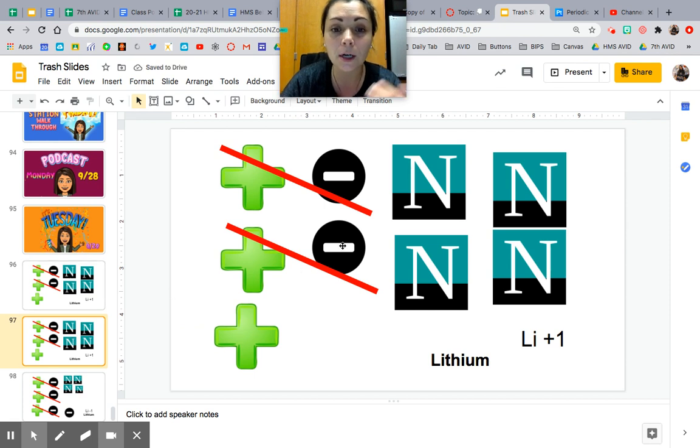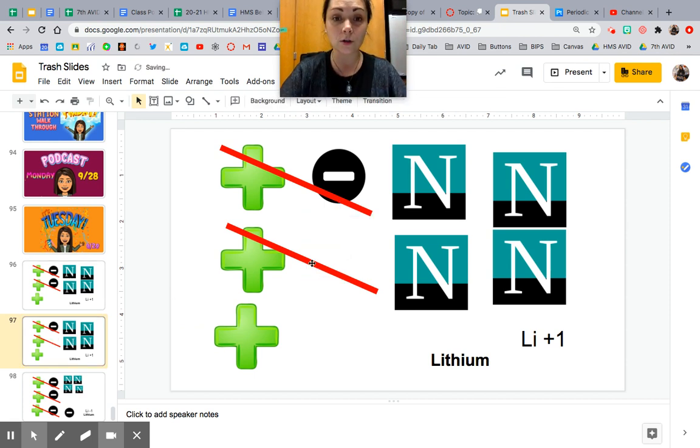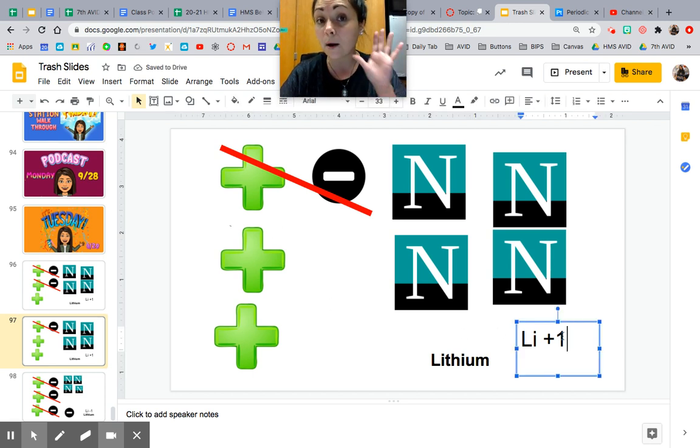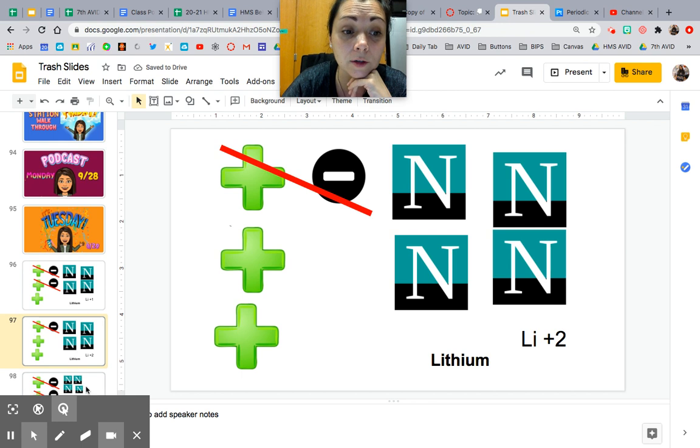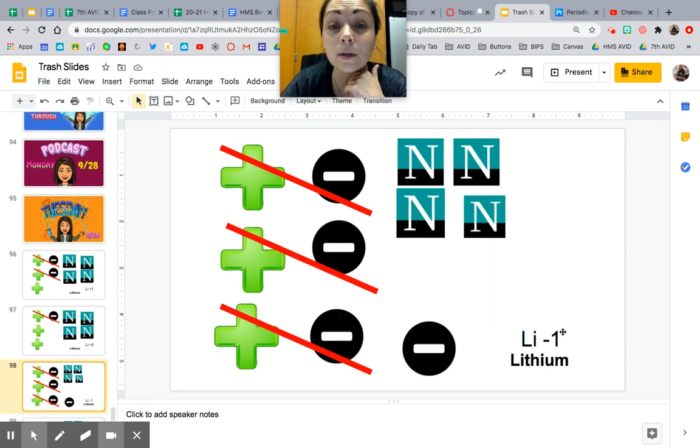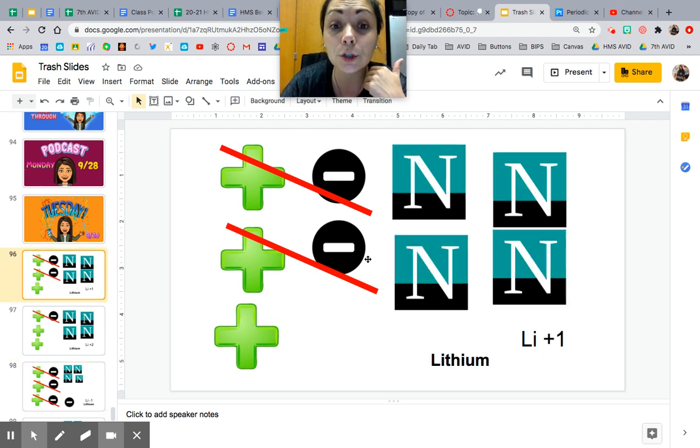If I lost this other electron, then this doesn't cancel out anymore, and now I have 2 extra protons, which would make my charge +2. So if you are gaining extra electrons, it is going to make you negative because you are gaining negative charges. If you are losing electrons, you're losing a negative charge, so you're left over with a positive, which would make you a positive ion.